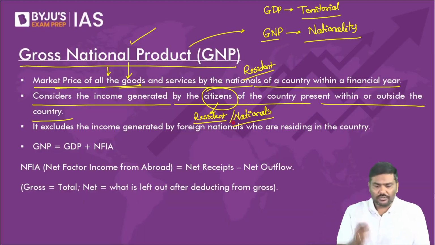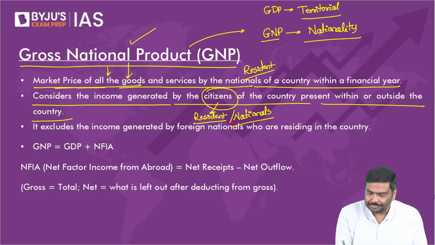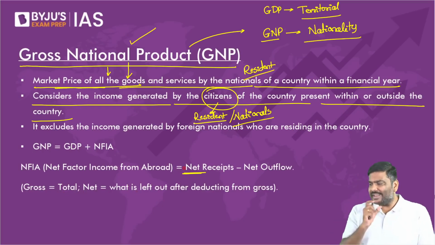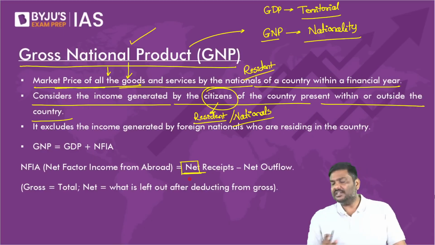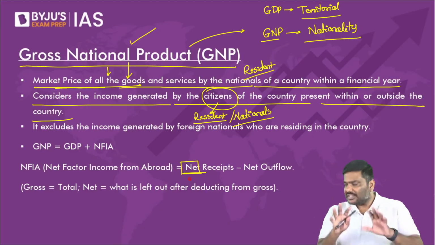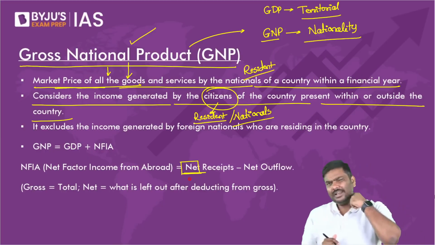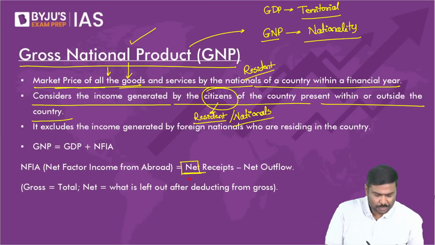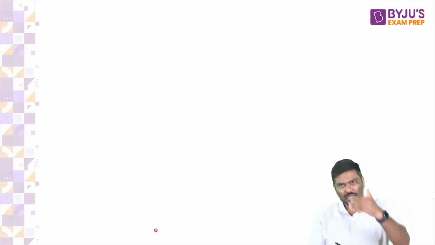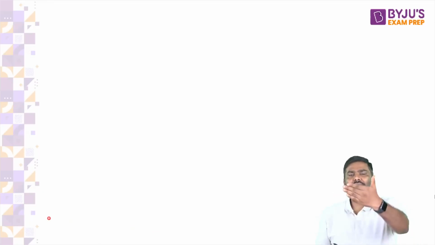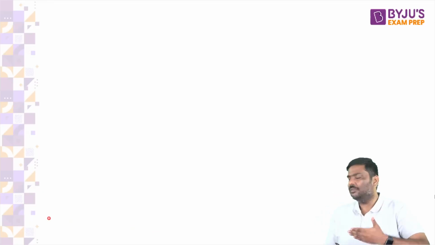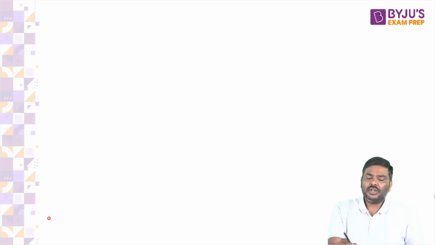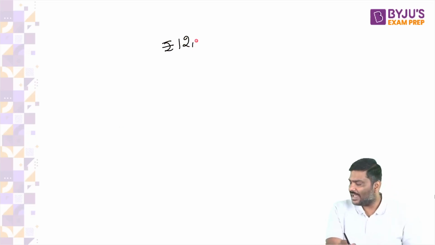Now, before going forward, there is a technical term here, net. Let me explain the term net to you. Follow this very carefully. I'll give you a very simple example. Don't memorize this. Let's say you become an IAS officer, and you get a document from the government which says your salary per annum is 12 lakh rupees.